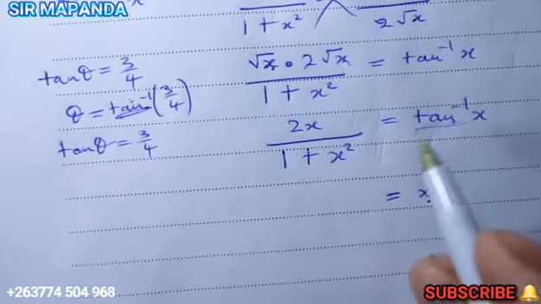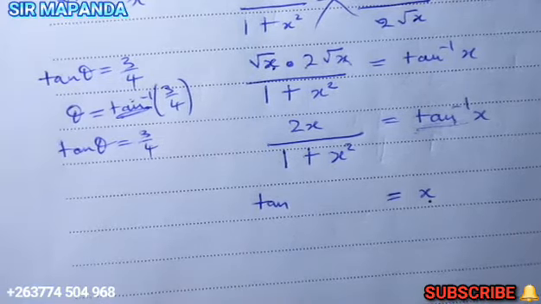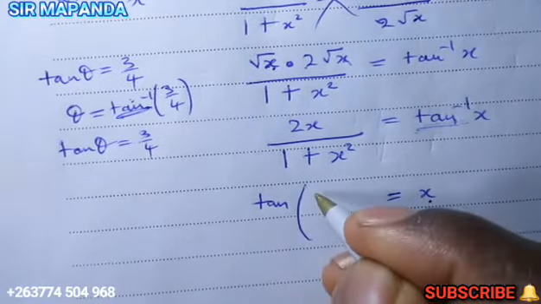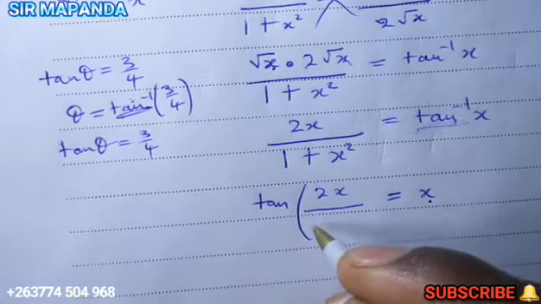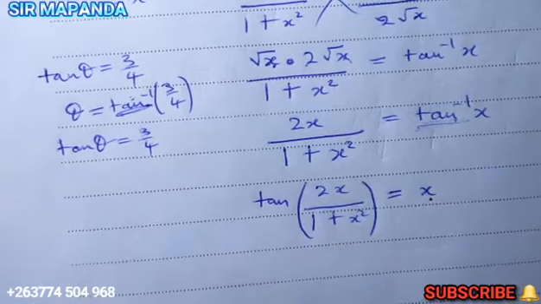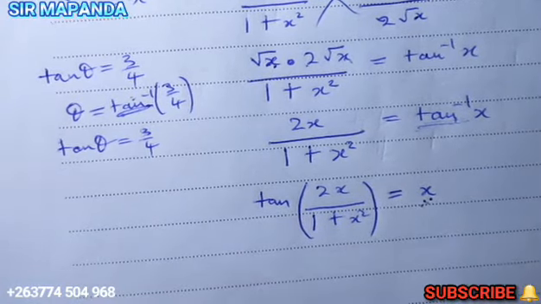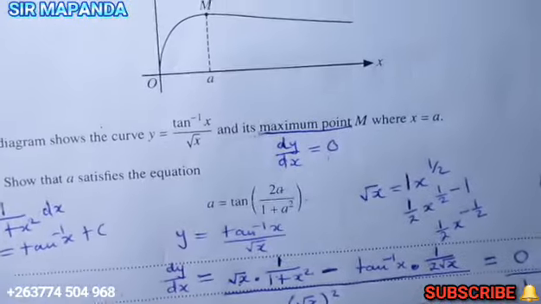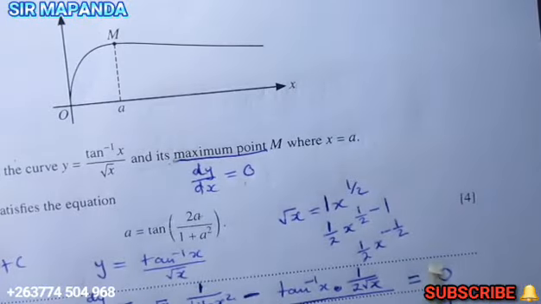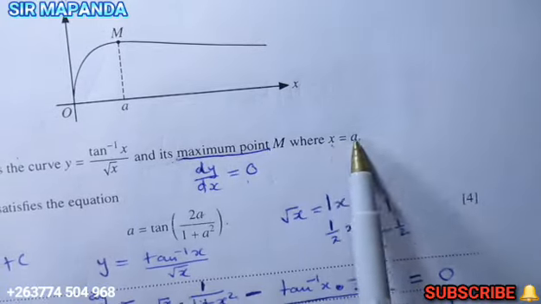But if you place arctan on your left side, you have tan. I hope you are following. Then you put open bracket, 2x divided by 1 plus x squared. We have made this x, right? So remember, the condition here is its maximum point M where x is equal to a.